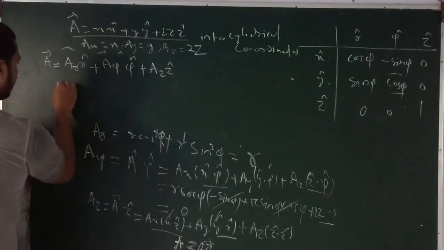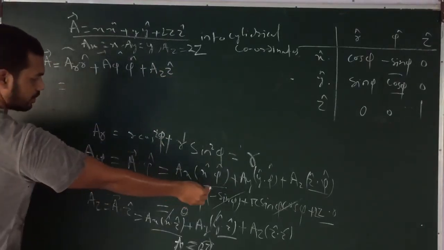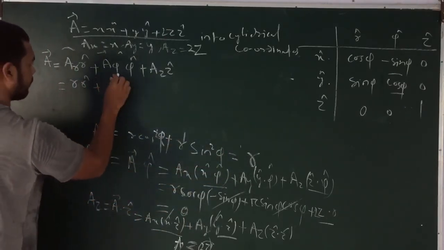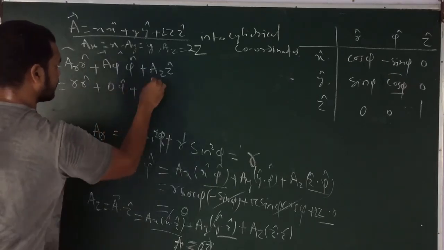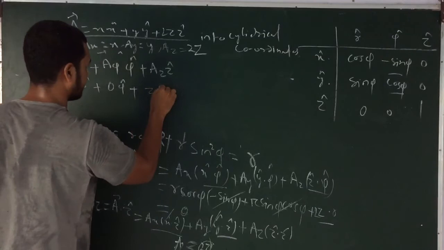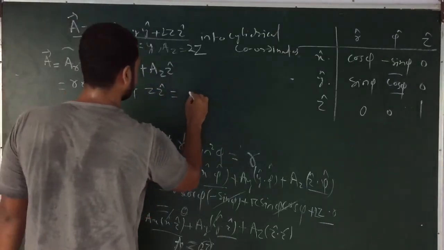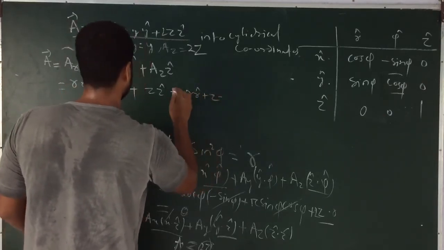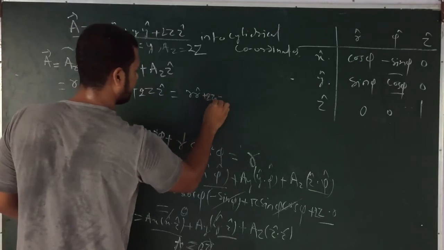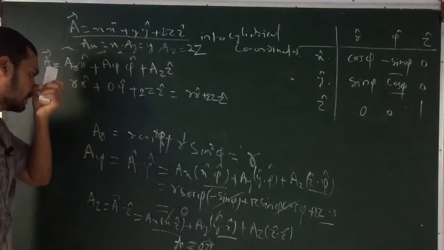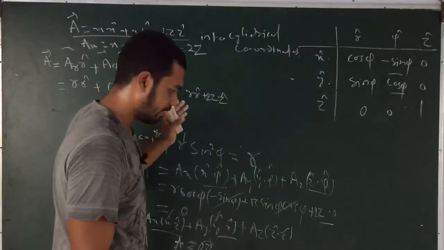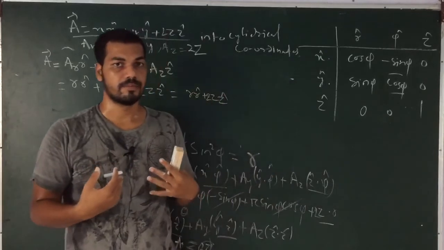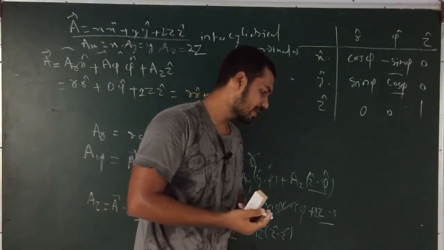So from here, substituting the values, AR is r, so r cap, plus A phi is 0 times phi cap, plus Az, which is 2z, times z cap. So you will get the vector in cylindrical coordinates as r cap plus, sorry, here that was 2z z cap. So in this way you can solve the problem of transformation of a vector from Cartesian coordinate system to cylindrical coordinate system.